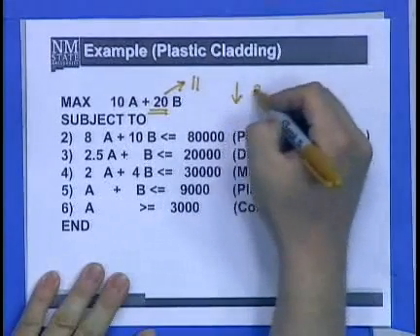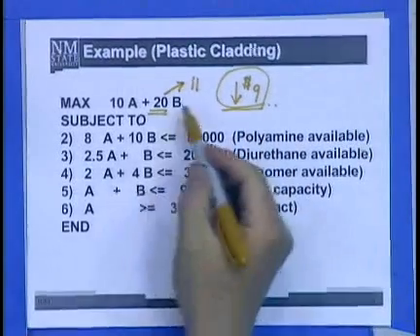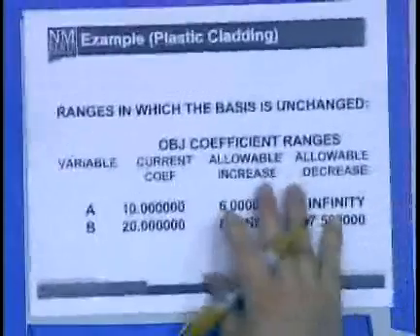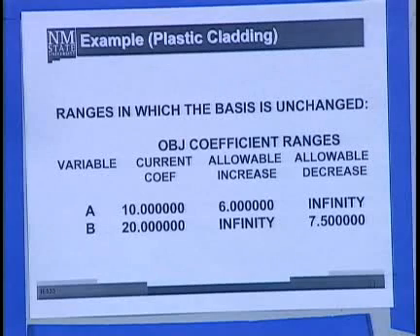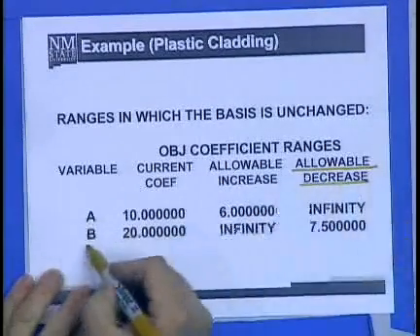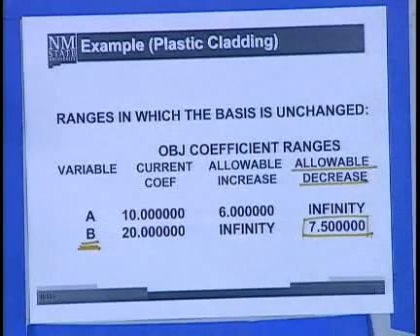This is the objective coefficient of variable B, so we need to look at the objective coefficient ranges. According to the Lindo output, the allowable decrease for variable B is 7.5, which means the basis will be changed.